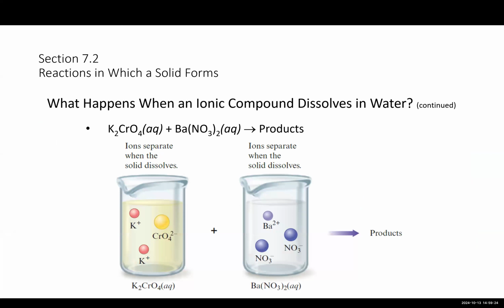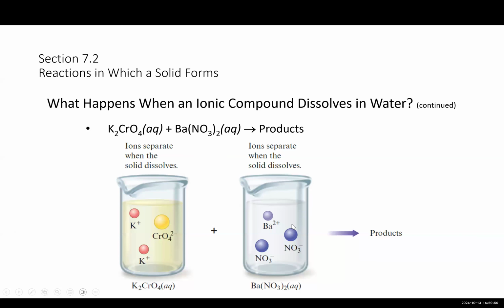This example is one of the precipitation reactions. There is K2CrO4 dissolved in water, which is an aqueous solution. Then you will have the potassium cation and the chromate anion.